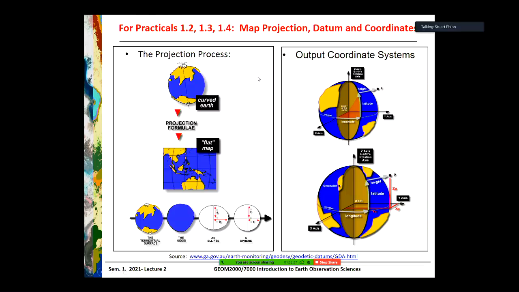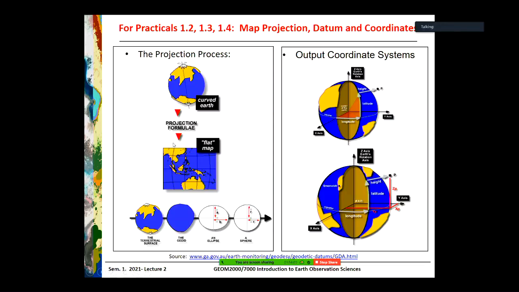So projection lets you go from a 3-dimensional curved object to a 2-dimensional flat geometry. You hear people talk about map projections. Projections are a set of formulae that goes from 3D to 2D.